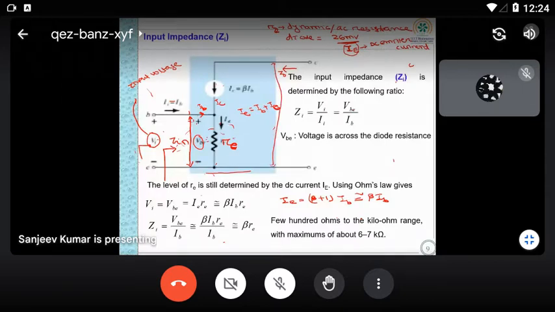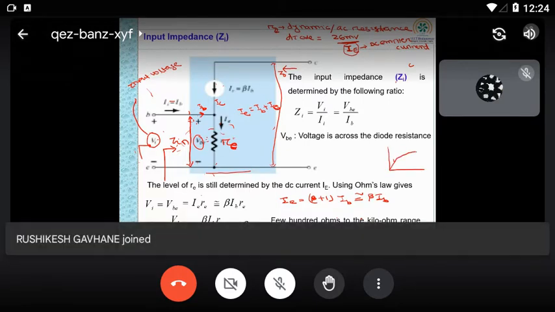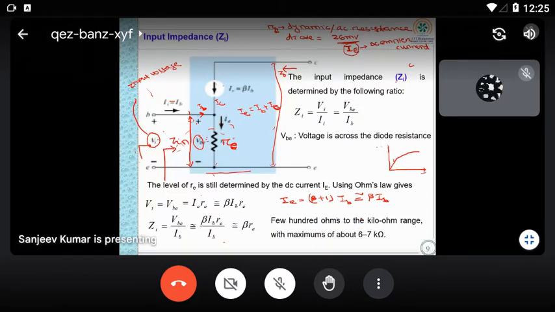But this characteristic you can also get from the output characteristic of your transistor. If you remember, the output characteristic is like this. What you said is also right, because you have plotted IC versus VC.